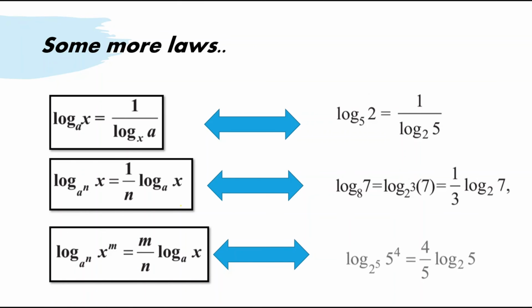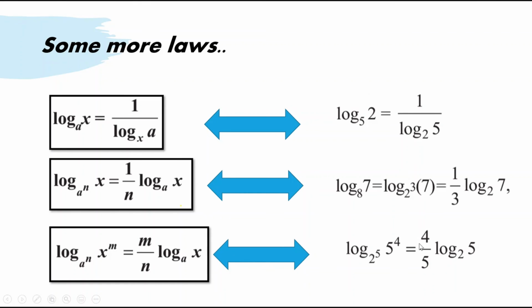This is just an example of this particular law: log of 5 to the power 4 with base 2 to the power 5. That means you can see that the argument has an exponent of 4 and the base has a power of 5.